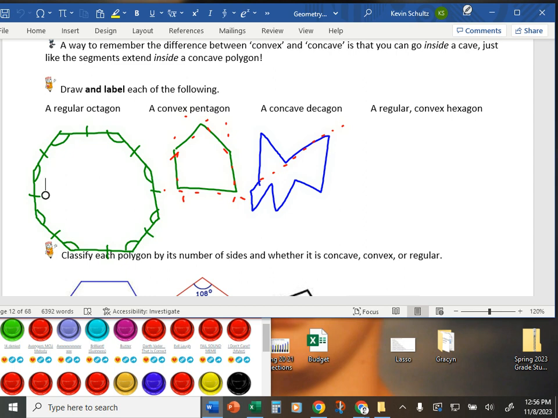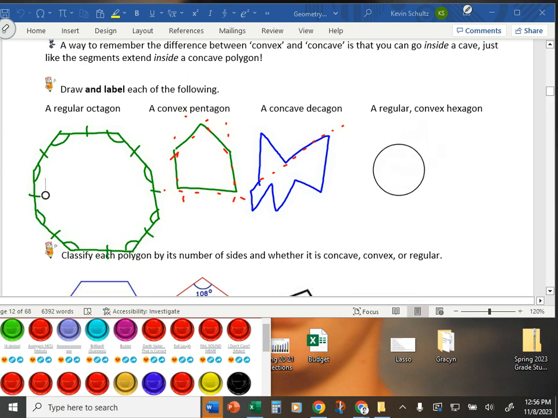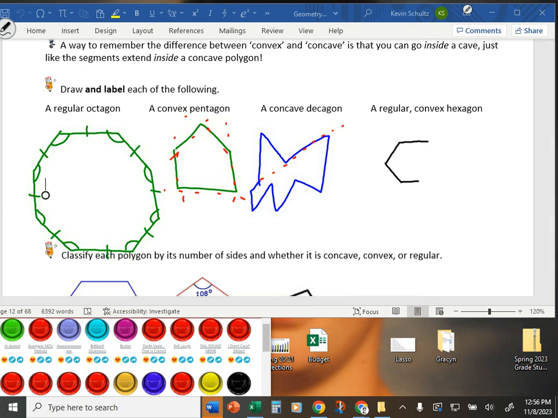Finally, a regular convex hexagon. Nathan, I owed you one. A regular convex hexagon in black. 1, 2, 3, 4, 5, 6.